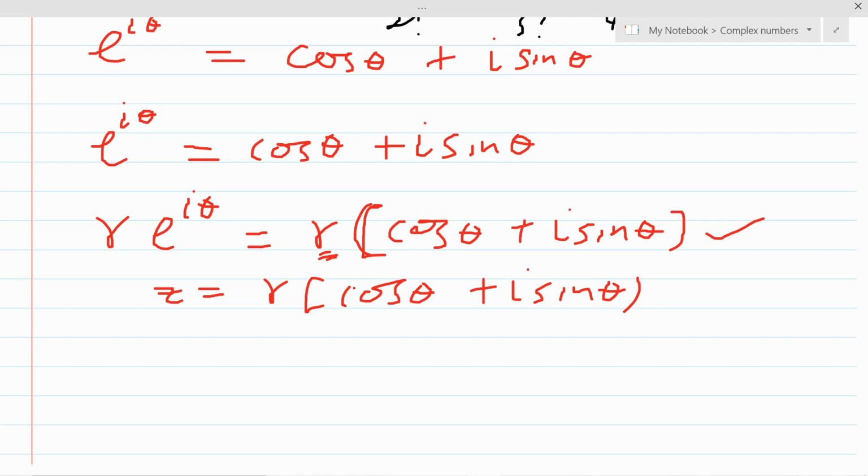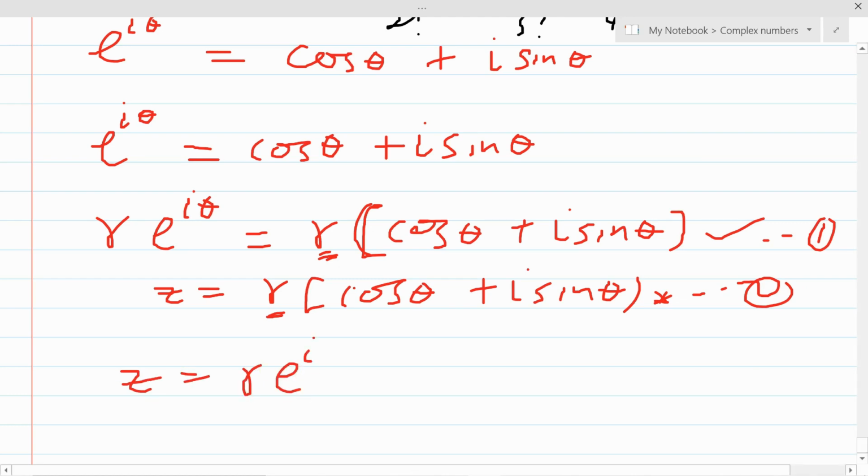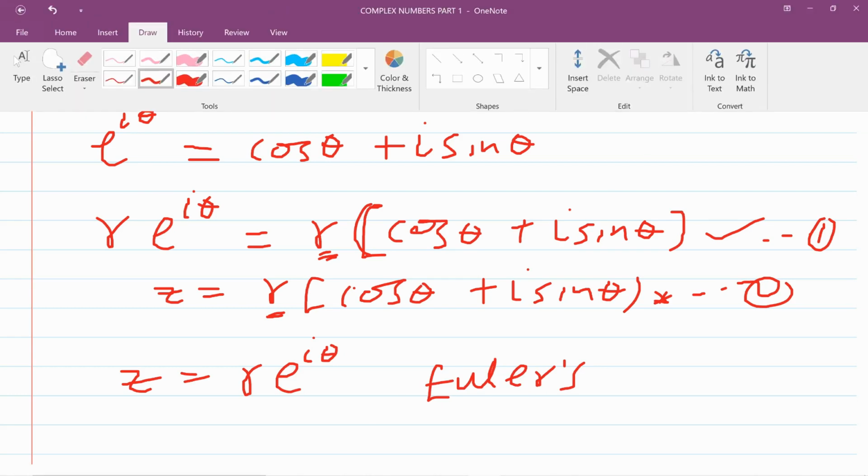That is, if I represent the complex number in a polar form like this, I can factor this out, and so it will look like this. So this means that if this is equation 1 and this is equation 2, then comparing both sides of the equation, you could see that the right sides are the same, then it means that the left sides will also be the same. So z can also be equal to what? r e to the power i theta. And this is what we call Euler's formula.